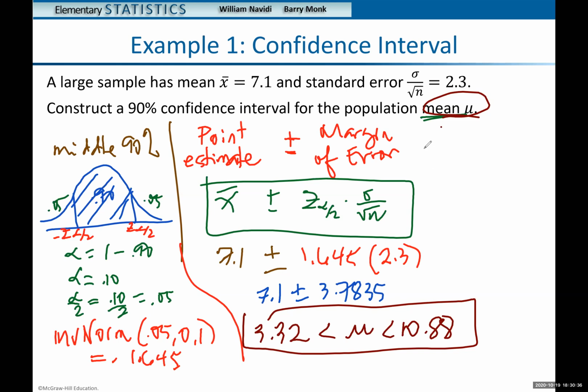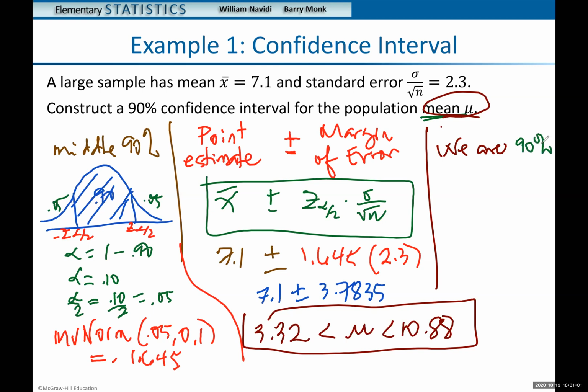And how do we write an interpretation here? Do you remember? Remember, your confidence level is 90%, so you need to change that.